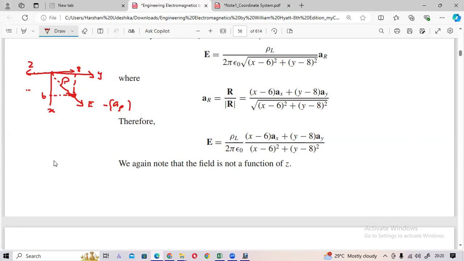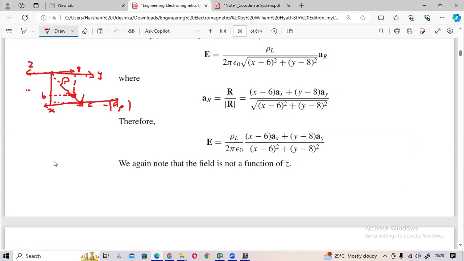So if you change the Z coordinate, this E field will not change. But what happens if we change the X coordinate? For example, let's say we take X 8, Y 10, maybe here. The distance is now different, so this field is different from this field. But again, if we consider the field along this Z direction, the field will be constant.